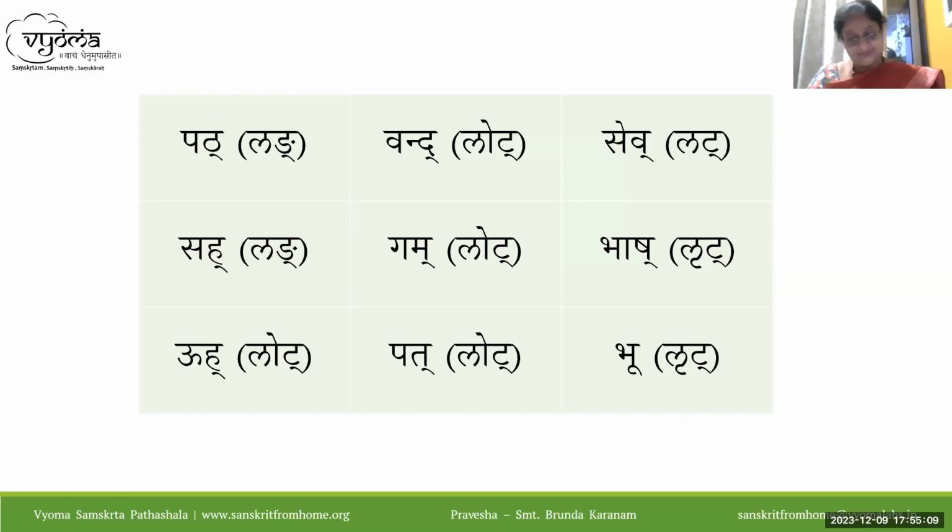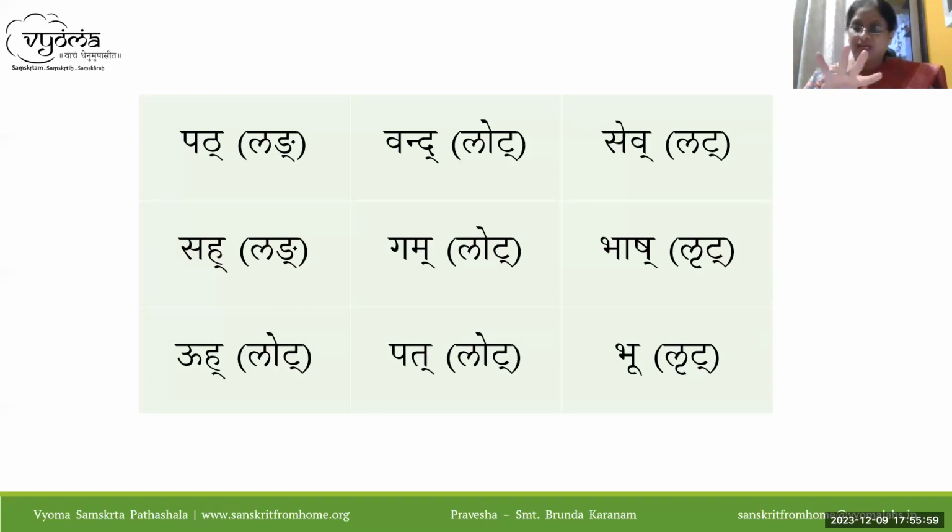Lot lakara: Uhatam, Uhetam, Uhantam, Uhasva, Uhethatam, Uhadhvam, Uhai, Uhavahai, Uhamahai. So the difference in lot lakara and past is, in past tense a will come.